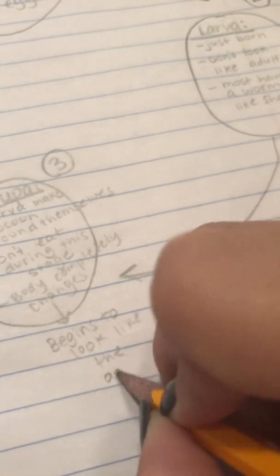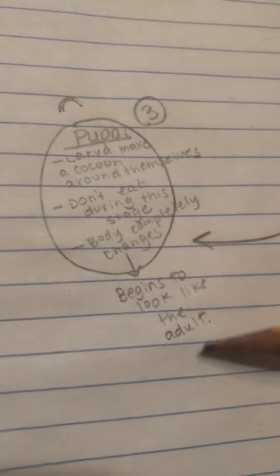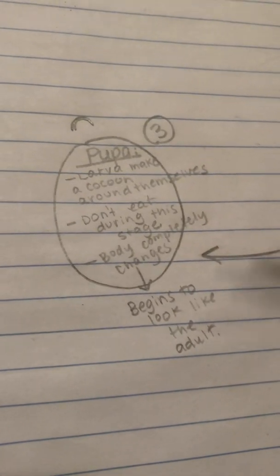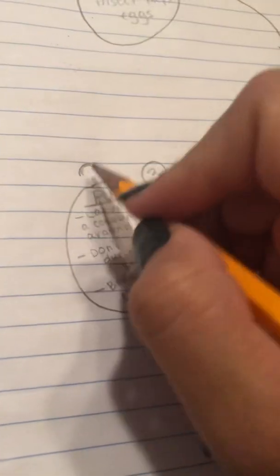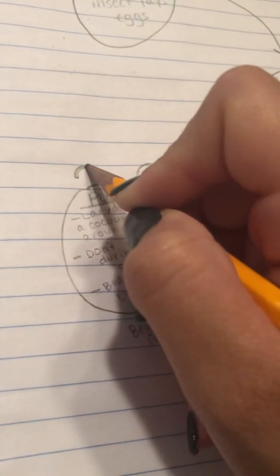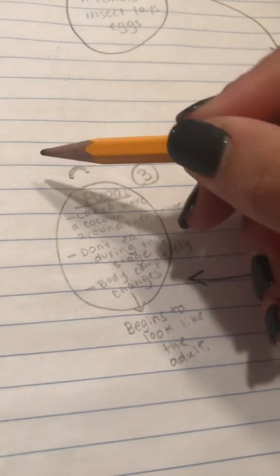So while the caterpillar is in its cocoon or its chrysalis, its body is going to change completely to look like the adult, to look like a butterfly. While the ladybug larva is hunched over like a C, that's them in their cocoon, and their bodies are going to completely change shape and color to end up looking like what a ladybug is supposed to look like.